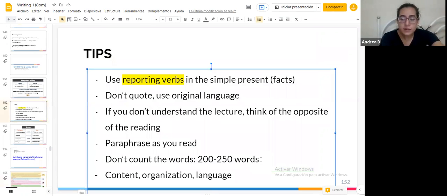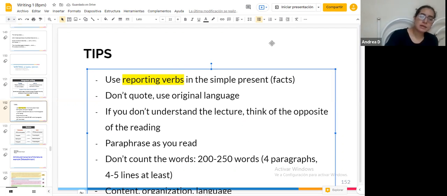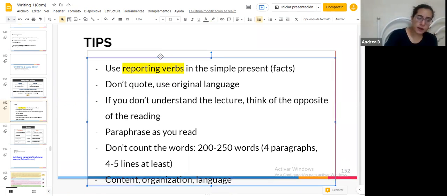So in your essay, you need to have 4 paragraphs, and each one should be 4 or 5 lines at least. And that's going to be 200 or 250 words. Okay, so is this all right so far? Any questions?